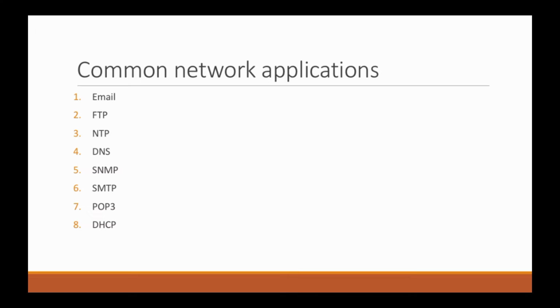So, some other common network applications. An email application such as Outlook would use SMTP and POP3 protocols to send and receive messages to and from email servers. When you send an email message, the client sends the message to the email server using SMTP, the email server reads the domain name of the destination email server and then sends a message to that server.